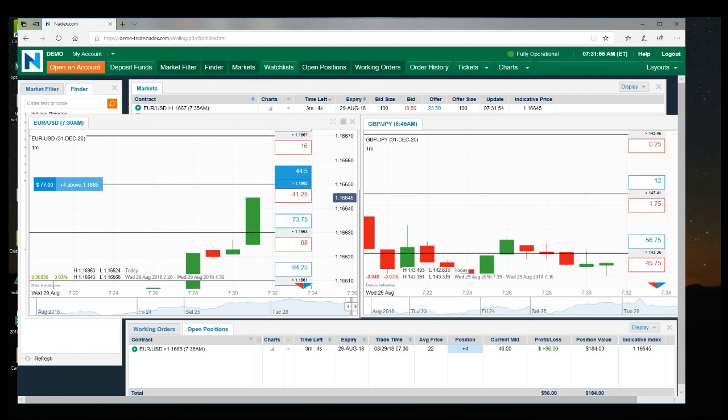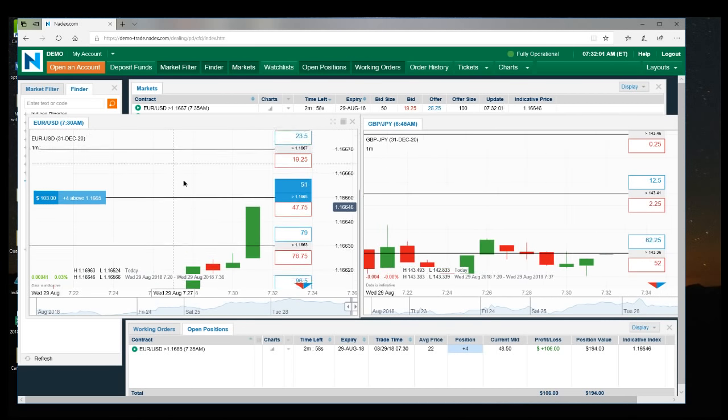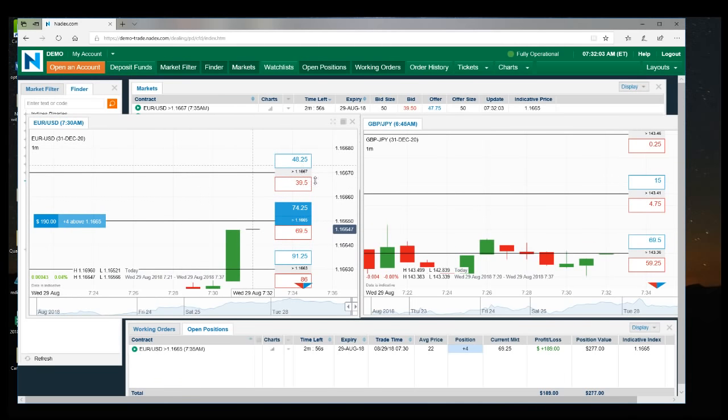The next area of potential resistance on the euro is at 68. So it should go hopefully above this 67 area. That's what I'm looking for it to do. You do have almost 3 minutes left in this binary.